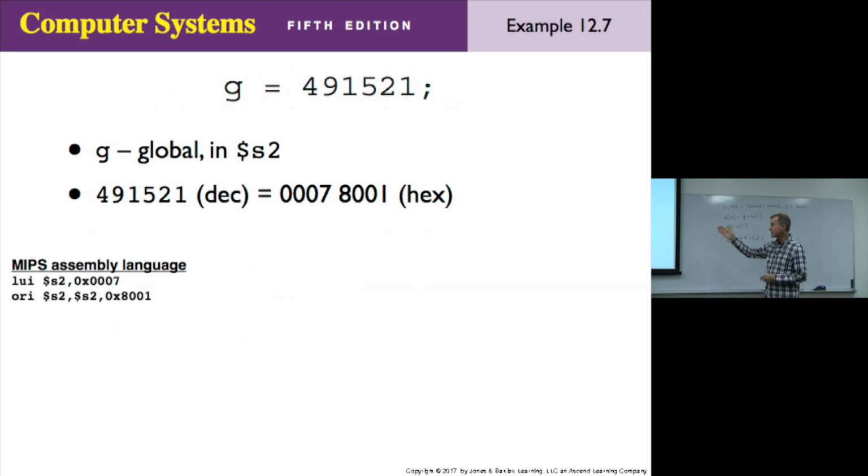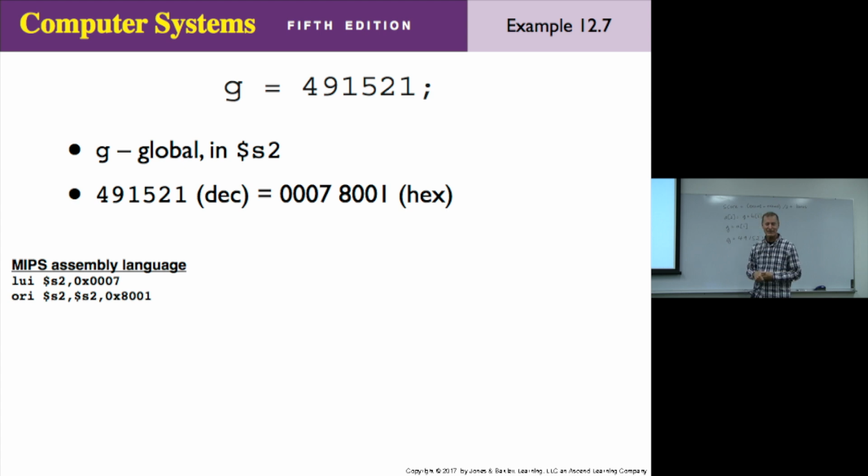So here's the translation of the instruction. Let's assume that G is a global variable, and that it is stored in $S2. Now, I don't want to go through all the rigmarole, but if you had to, you could translate 491,521 in decimal into binary, could you not?